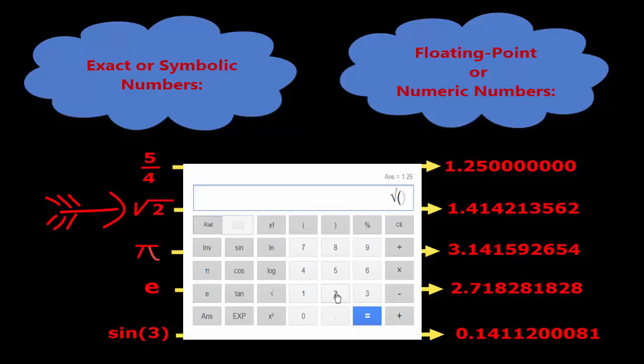For exact number, such as the square root of 2, by rounding off or approximating, we can get the numeric number 1.4142135662.